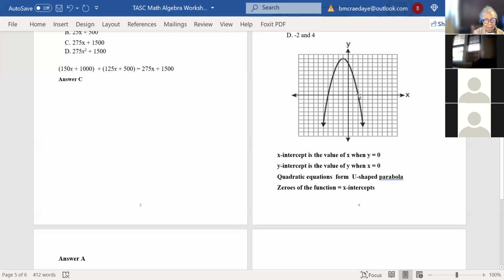Just like here, when the Y was 0, we were on the X line. See, right there and right there. Now I'm asking you, the y-intercept, when X is 0, I'm on the Y line, which is right here. What's that value? Can you see it? Yeah, I can see it, but I just don't know.